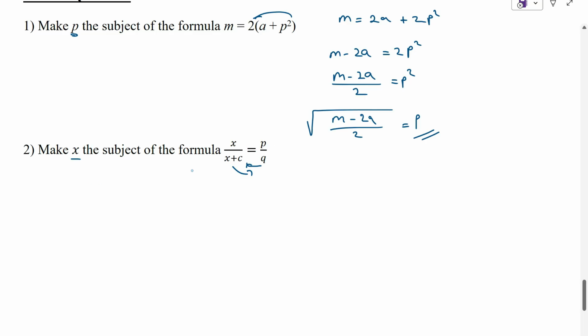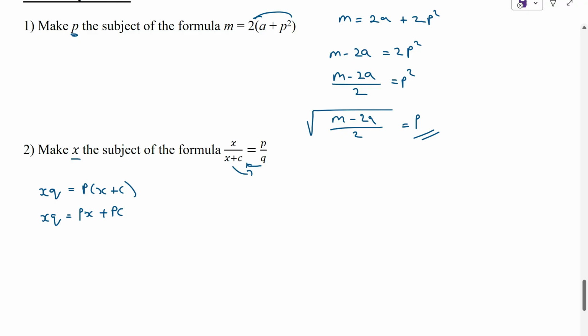And we're going to be multiplying on both sides. So that will give us xq on the left-hand side, and on the right-hand side, p(x + c). So we can multiply that out, which gives us px + pc.